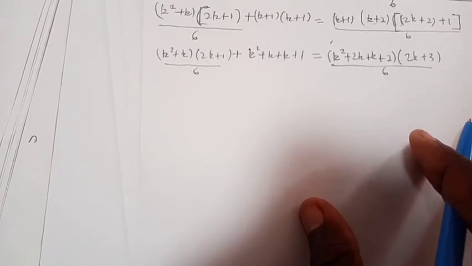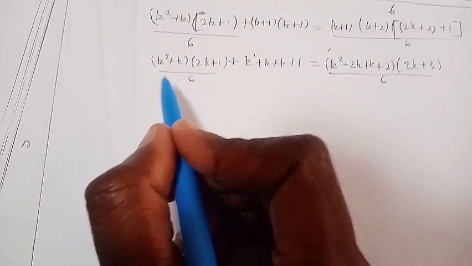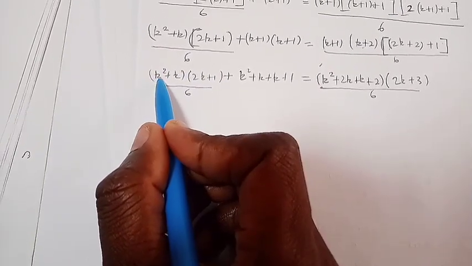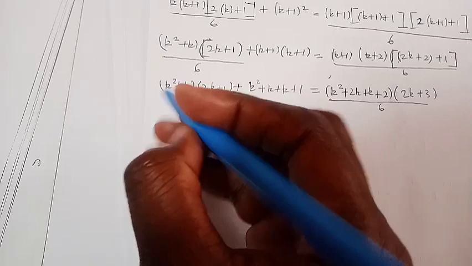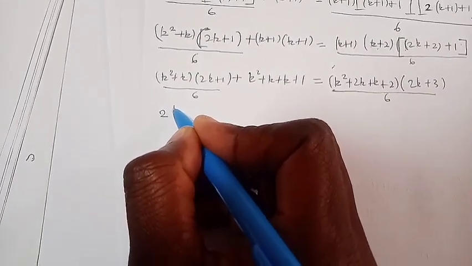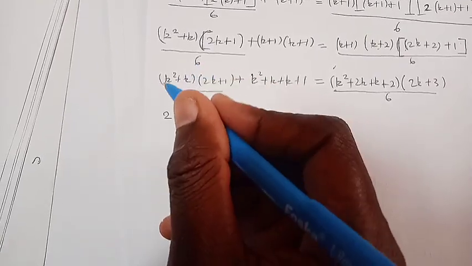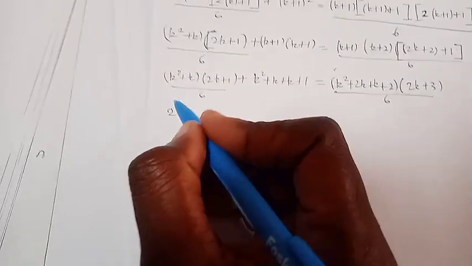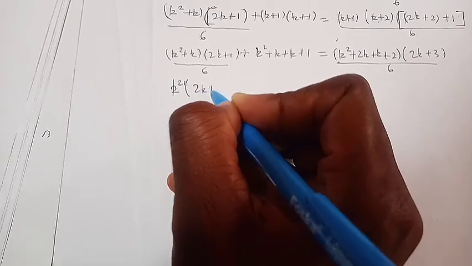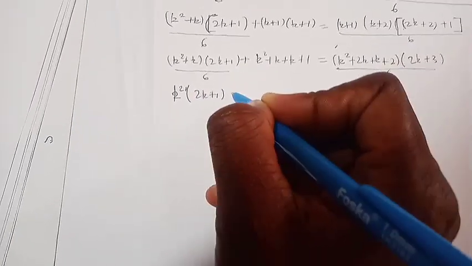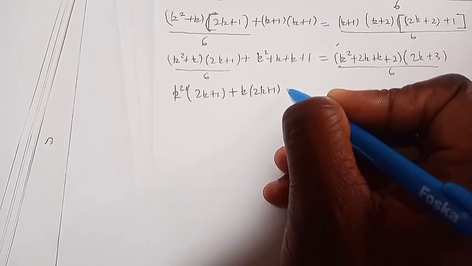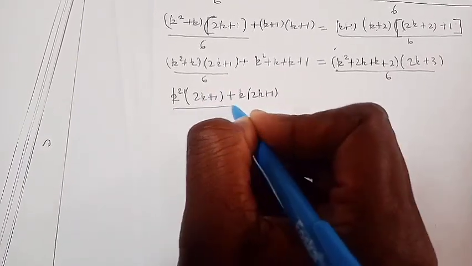Okay, now it's becoming clearer. And now we come over this side, and then we solve for this. I'll go slow with you because I was moving too fast. I'll say k squared multiplied by 2k plus 1, plus k multiplied by 2k plus 1, divided by 6.